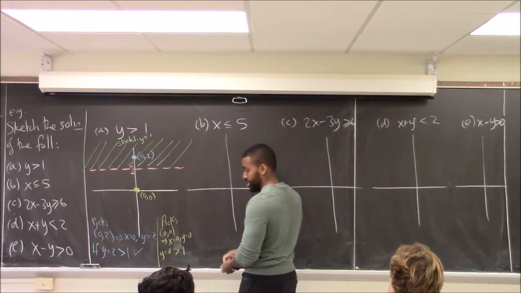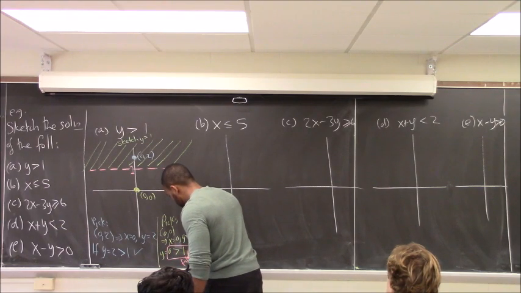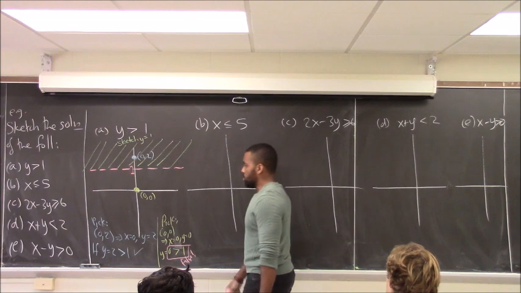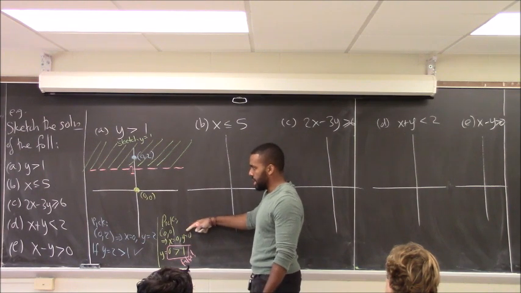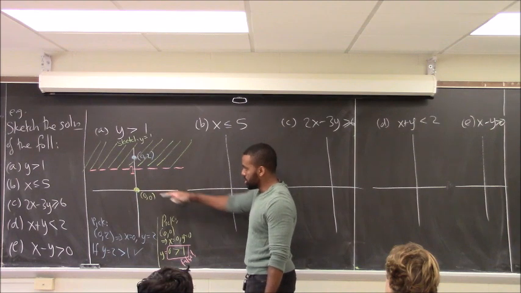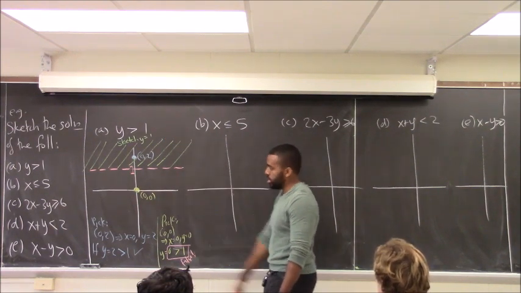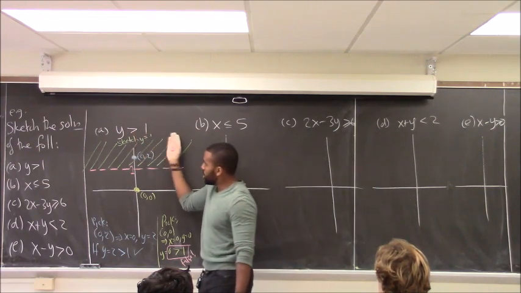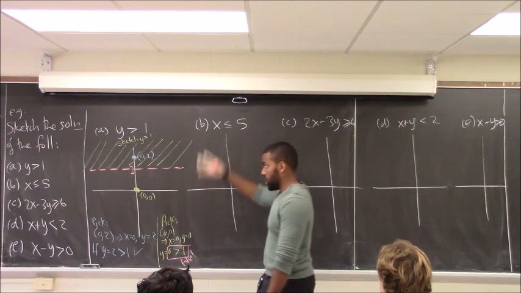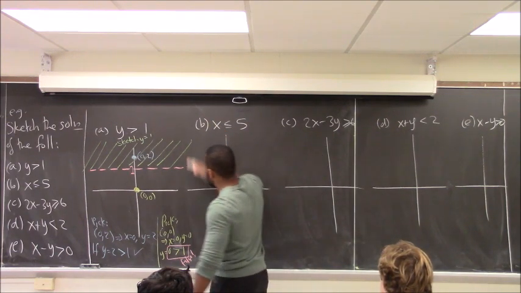And the answer is no, this is false. So had I picked the origin and tested this inequality, I'd realize that doesn't make sense, which means the solution is the other side of the line, the other half plane. So you can either pick a point, or, if you solve for y, shade on the top or the bottom, depending on what's most convenient.